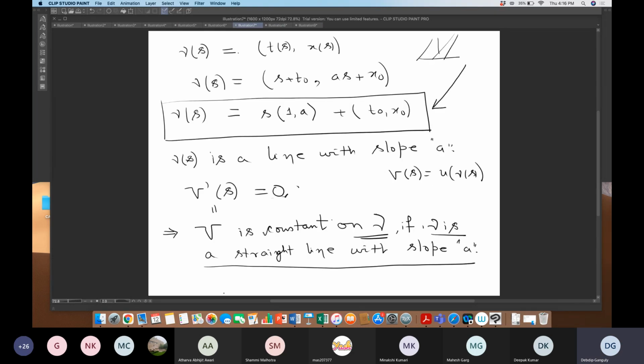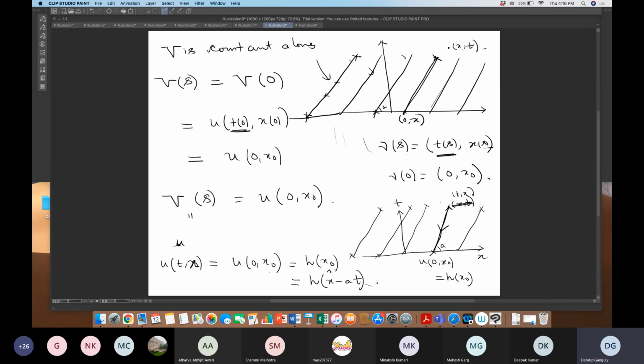Okay, this is done. Now along the straight line, u is constant. Now let us specify some point (x, t). We want to find u of (x, t). You just drop a straight line down. The value of u of (x, t) should be equal to u of (x naught, 0) along this straight line, which is u naught of x naught, that is h of x naught.